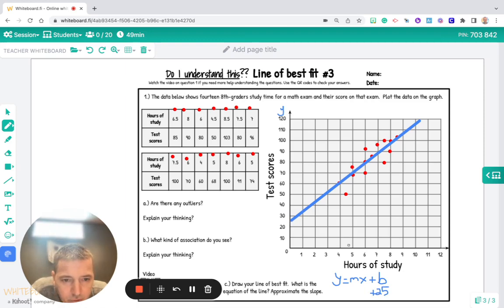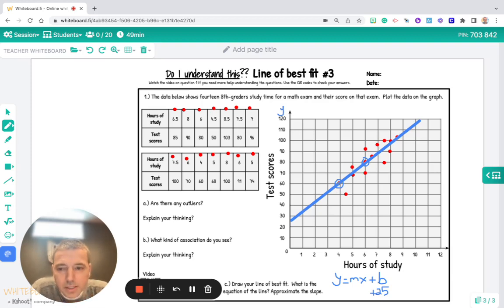And I'm looking for the slope. So I'm trying to find two dots that are on the line, and if there aren't any, we can add them, but it looks like we do have some dots on this line. There's a dot right there, and this dot right here, and both of those are exactly on that line. Whenever you do this, you're looking for two dots that are on the line.